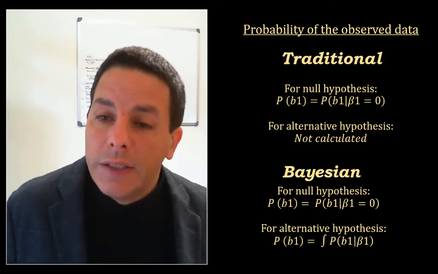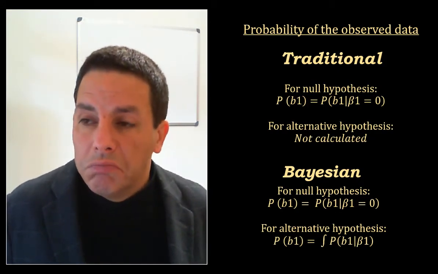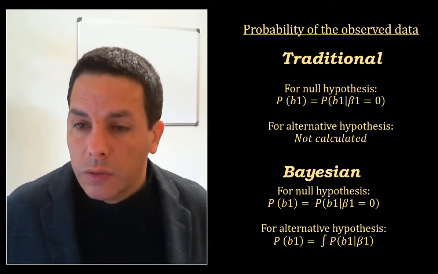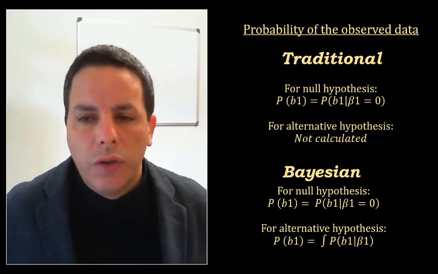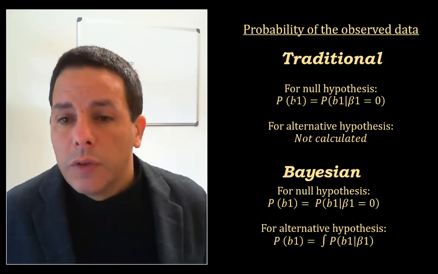What's the probability of observing that value in the sampling distribution? I don't know, let's say 0.0005. So low probability. That's the probability of the observed data.